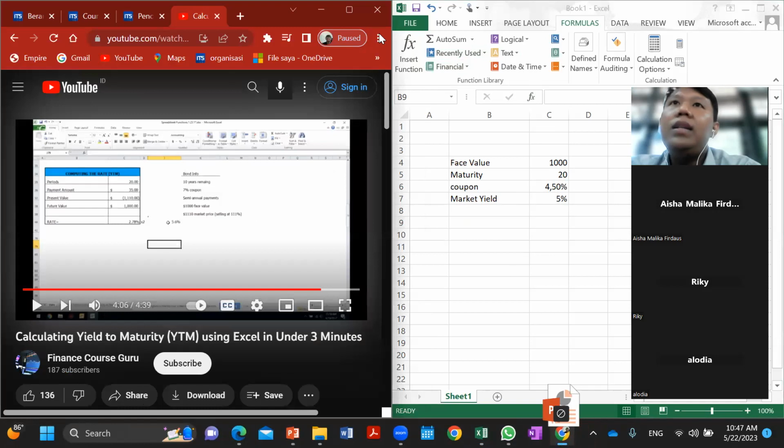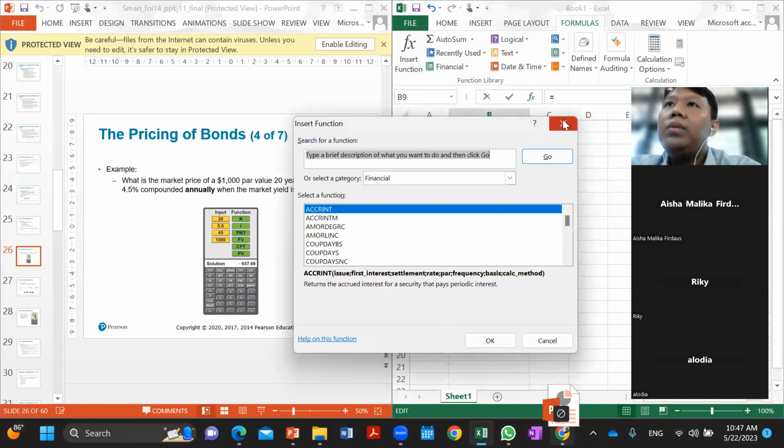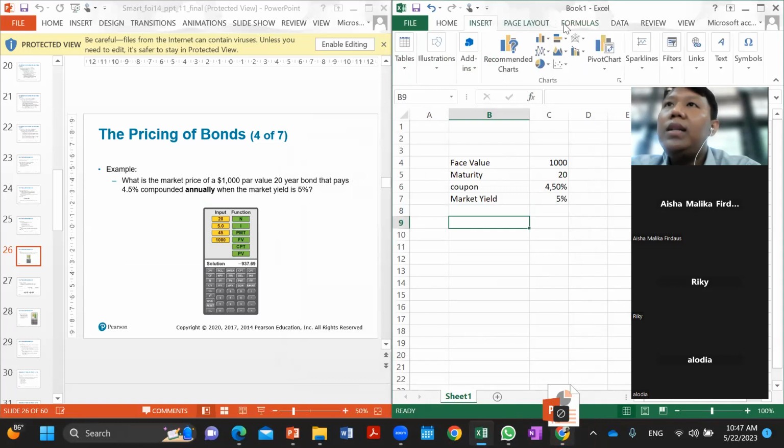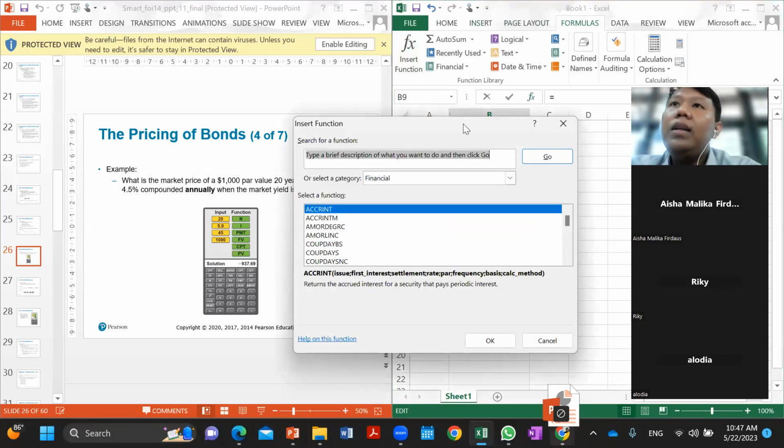In this case, we will go to the tab called Formula. This is the tab that has the functions.